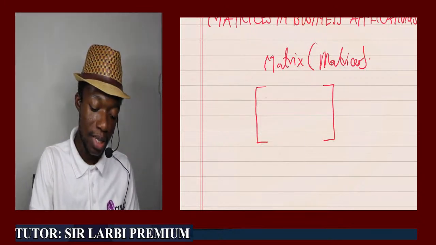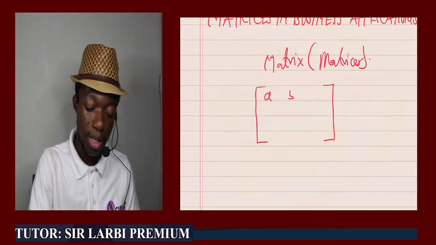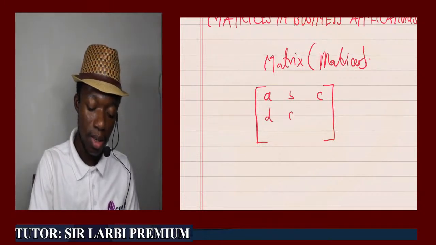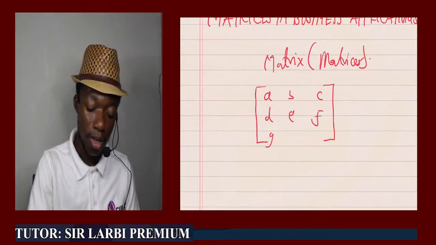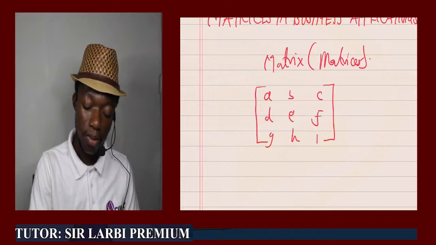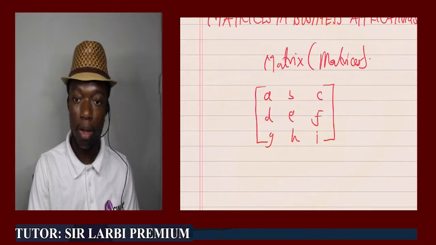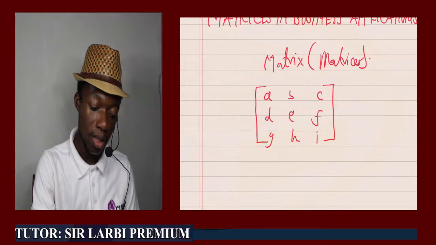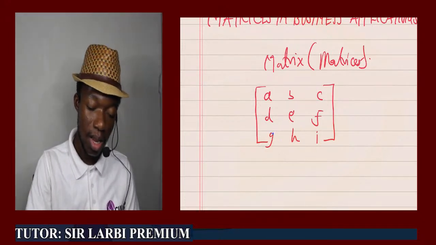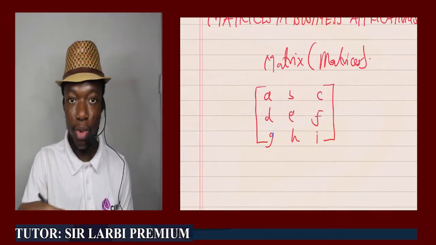So we have, let's say, A, B, C, D, E, F, G, H, I.